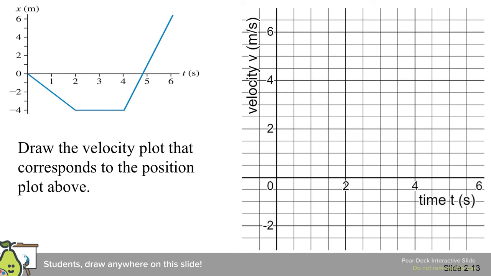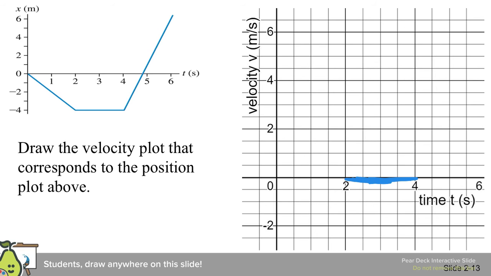All right, draw the velocity plot that corresponds to the position plot above. Again, my eye immediately goes to the x is constant between 2 and 4 seconds, so that's going to be a velocity that is 0 between 2 and 4 seconds. So I'm going to jump right with that. And then prior to that, we have a slope that is negative.